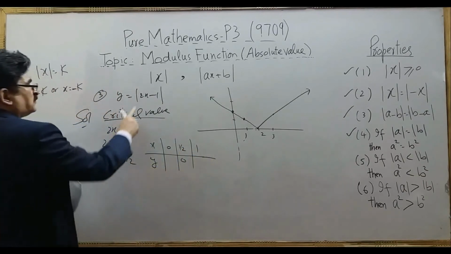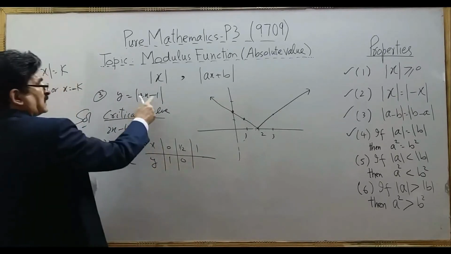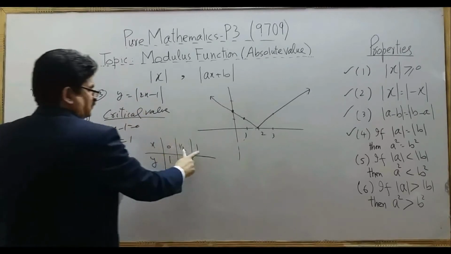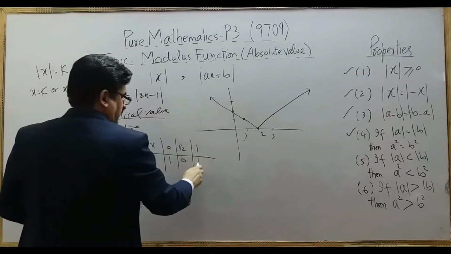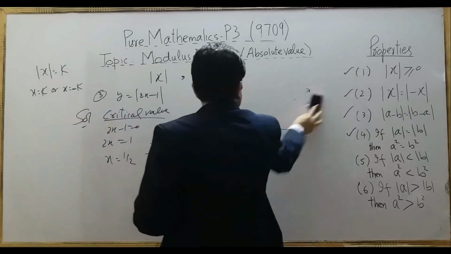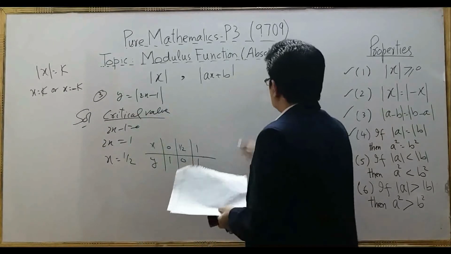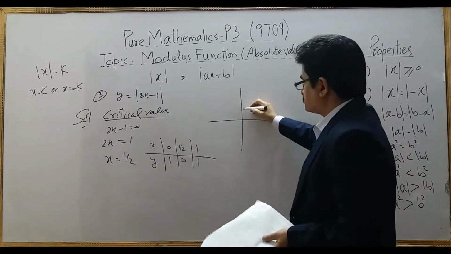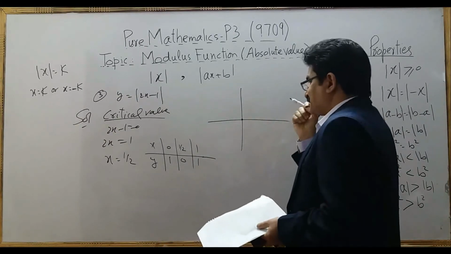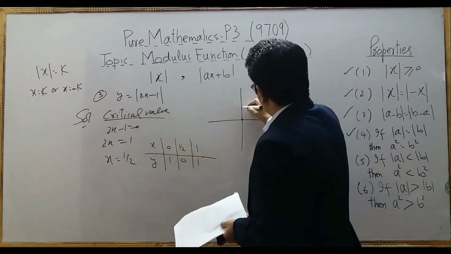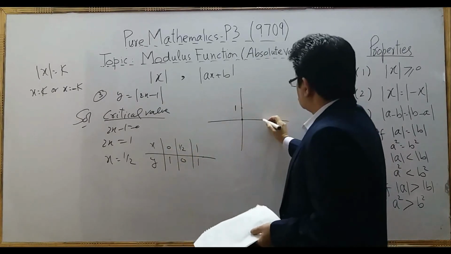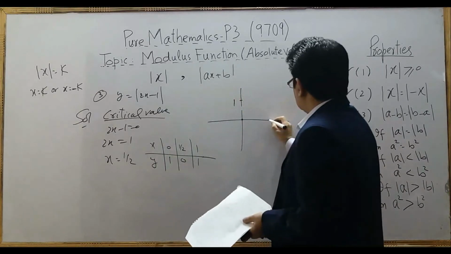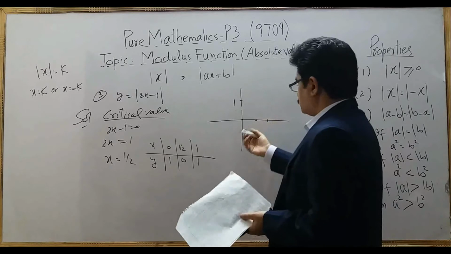And now you see that when you put 0, you will get 1, a positive value. At 1 over 2 it is 0. When you put x as 1, you will get again 1. So its sketch will be very simple. At x equal to 0 you have 1, and if this is 1, this will be 1 over 2 or 0.5.